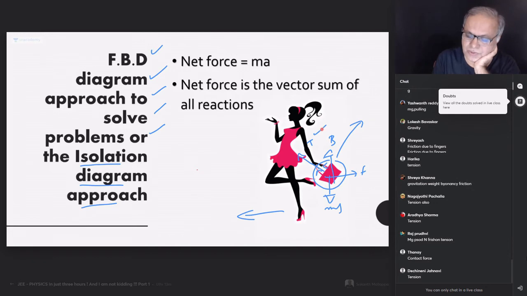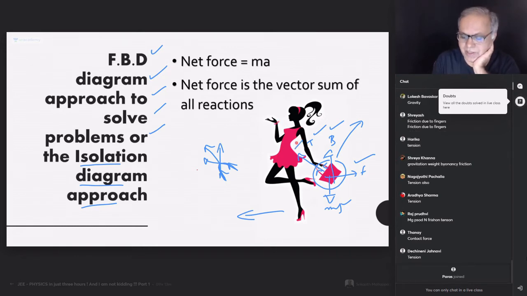Tension, force of buoyancy, force of air friction, weight, are all reactions of other bodies on this bag. There's a tension applied by the lady on the bag, and friction and all.